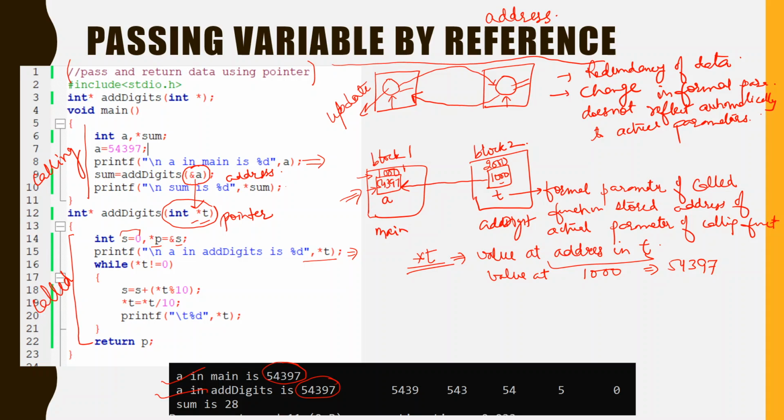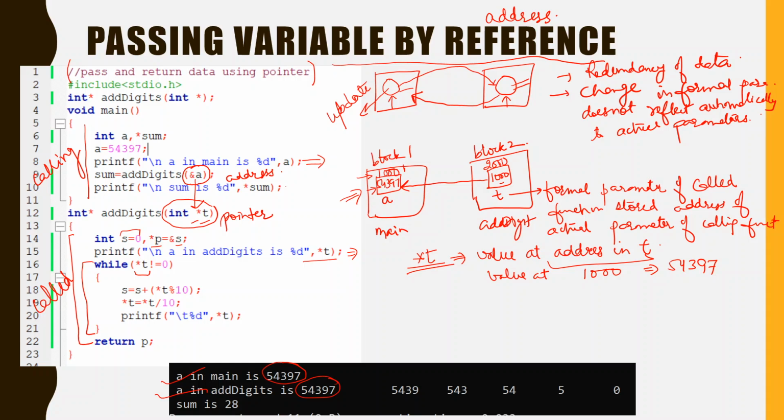Then we perform the process of the digit summation, and in the summation we use pointer t instead of t, which we used in the previous example for passing the variable by value. We used direct value there.